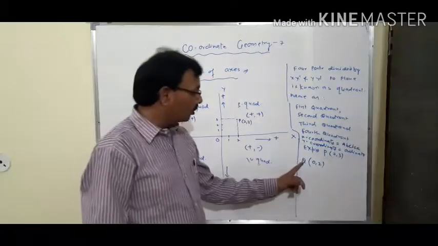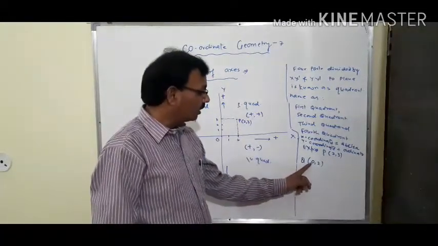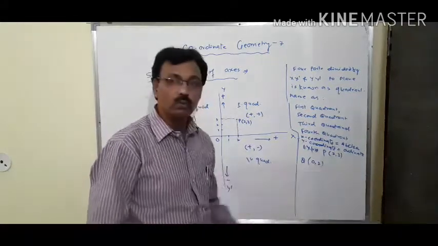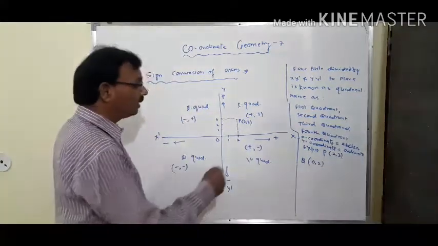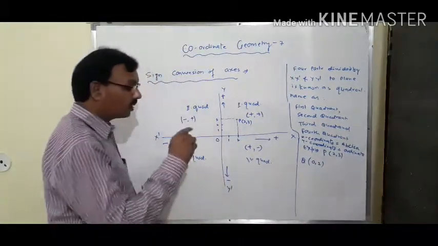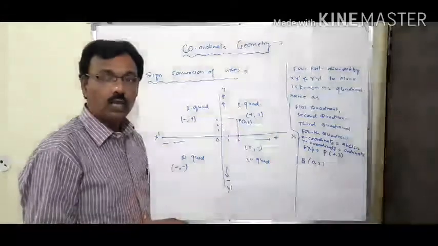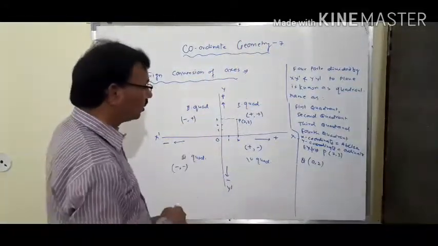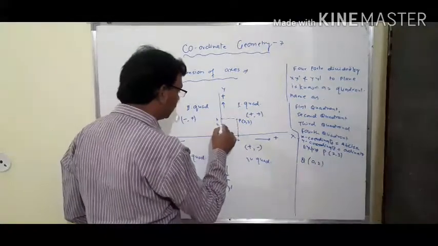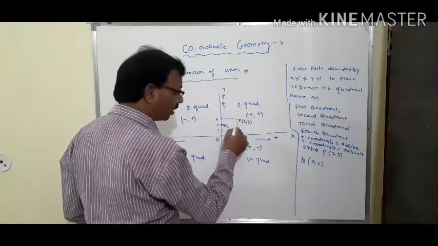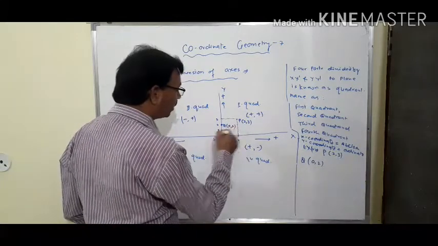Now the point Q, whose coordinates are 0, 2, lies on the y-axis in the positive direction, because the y coordinate is not 0 and its sign is positive. So the position of Q is this point, and its coordinates are 0, 2.